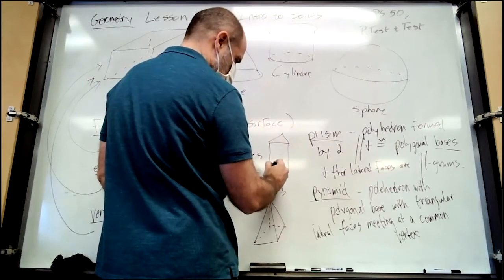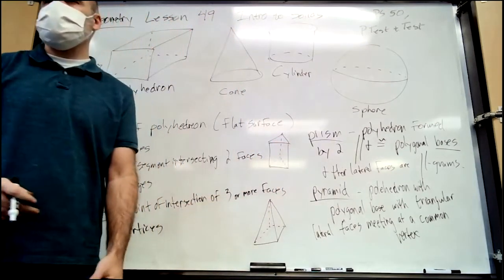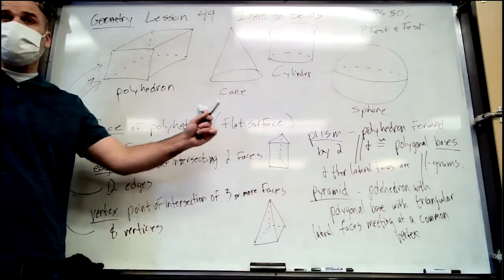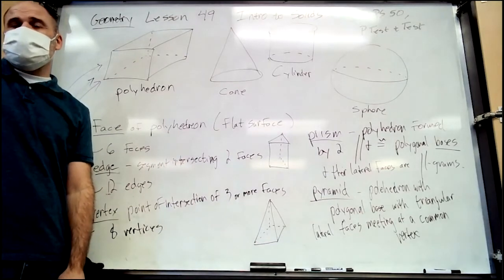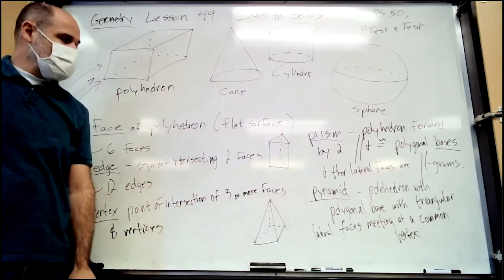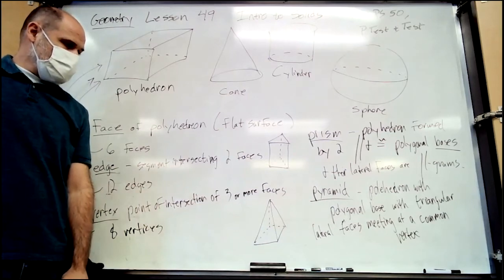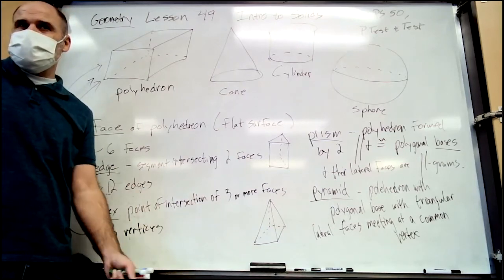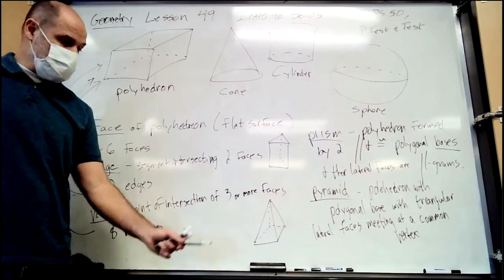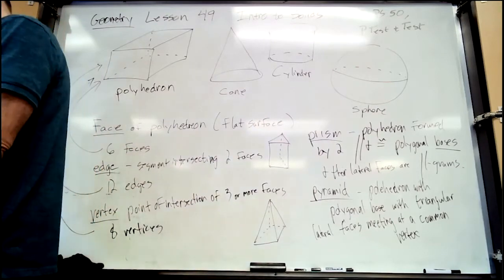It's not a rectangular prism. So there's a difference between a pyramid and a triangular prism. A triangular prism is a prism because it has two triangular bases. With a pyramid, the only thing triangular about it is the sides. It doesn't have to have a triangular base. You could have a triangular pyramid, which has a triangle base, but it still has triangular lateral faces. Okay.